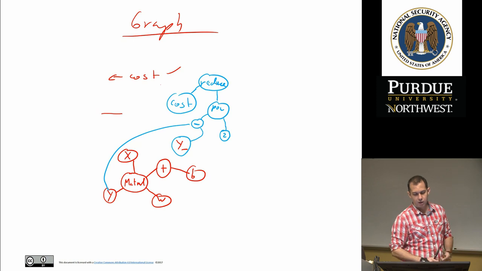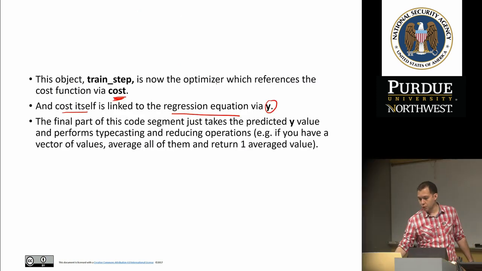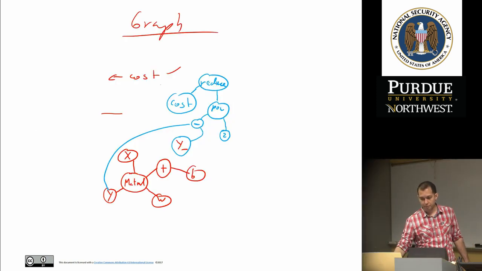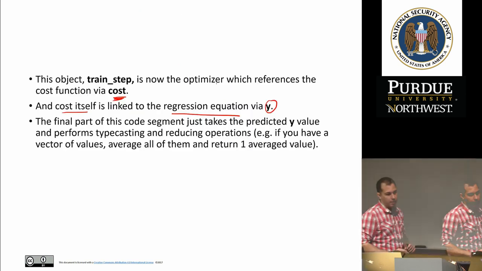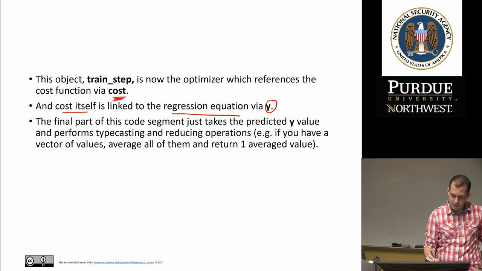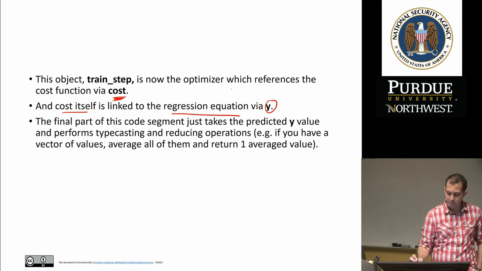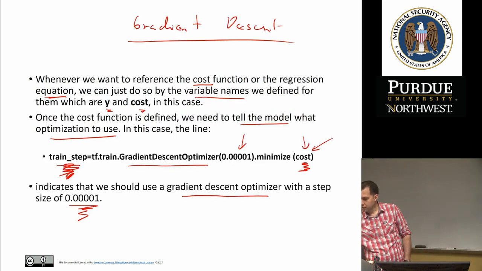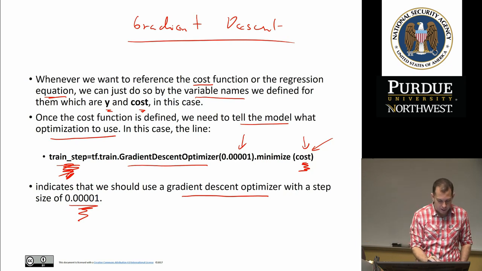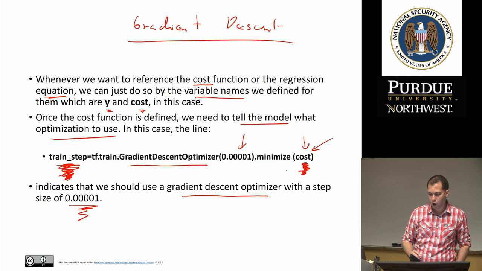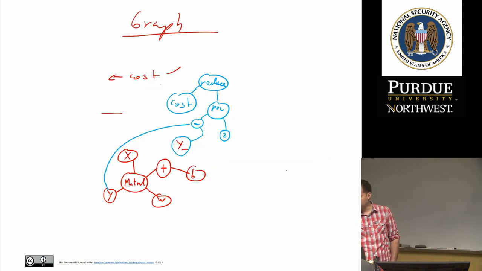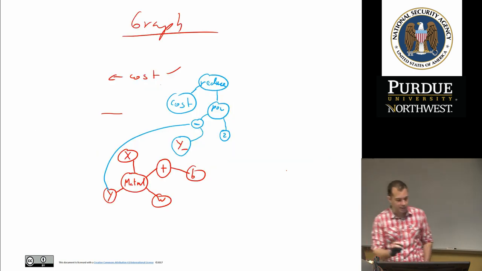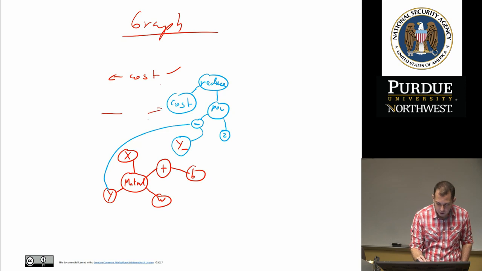that we are calling. So if we go back to train step here, we know that this object train step is now the optimizer. That's in the code here. So train step is this, and it's going to call the cost function variable. So cost is here. This is our cost right there.